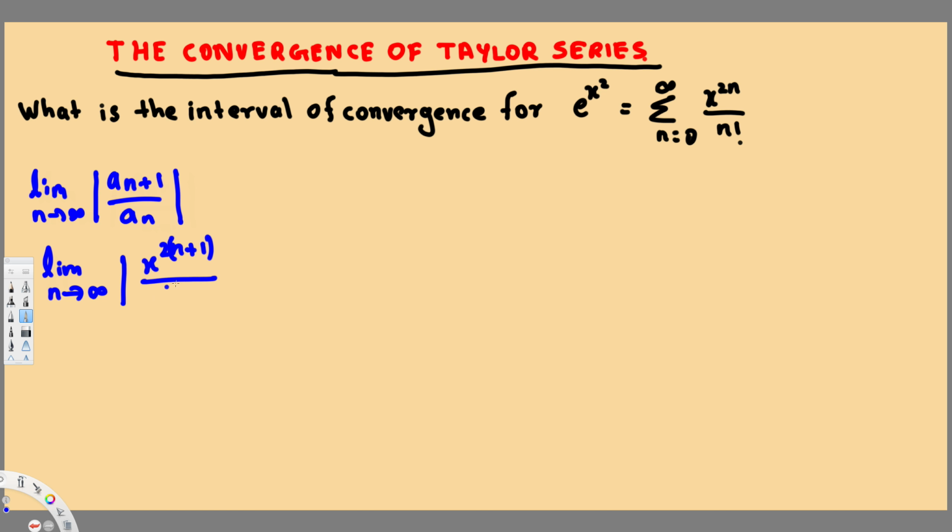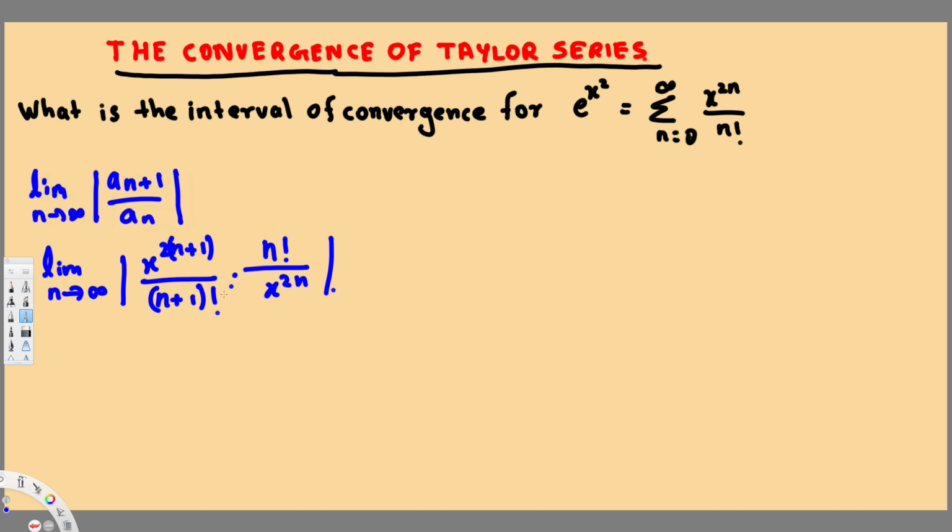Now in the denominator we are going to have (n+1) factorial, right? Then we divide this by the original function. But dividing by the original function is the same as multiplying by its reciprocal, so we multiply by n factorial over x power 2n, right?